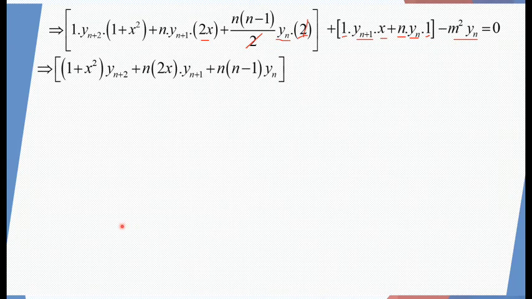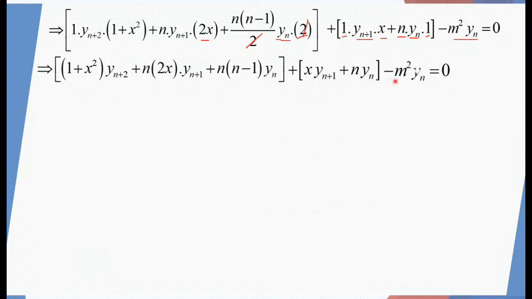Now we can write this entire function in this particular manner: (1 plus x square) y(n+2) plus n into 2x y(n+1) plus n into (n minus 1) yn, and plus x y(n+1) plus n yn, and minus m square yn equals to 0.